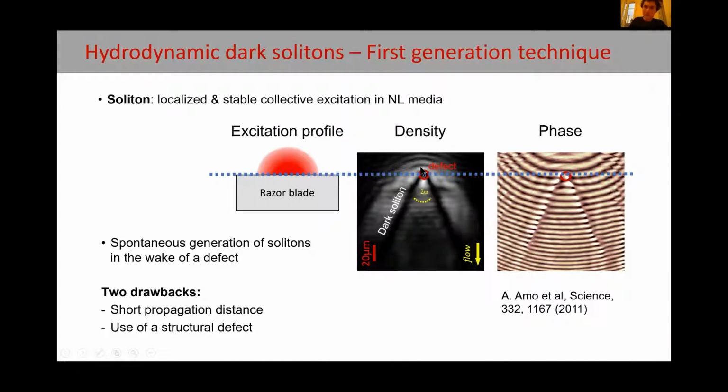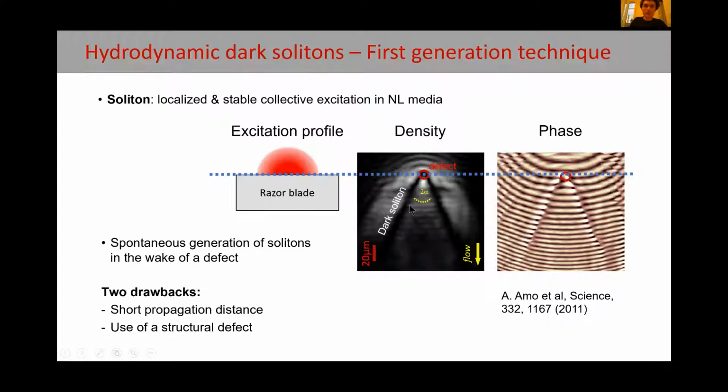Around the defect, the speed of the flow will locally exceed the speed of sound, so we will have a superfluid regime breakdown. And because of this breakdown, we will generate here a dark soliton pair. The propagation distance of these solitons is of the order of a few tens of micrometers, a distance which is limited by the short lifetime of polaritons. In our case, it is equal to 15 picoseconds.